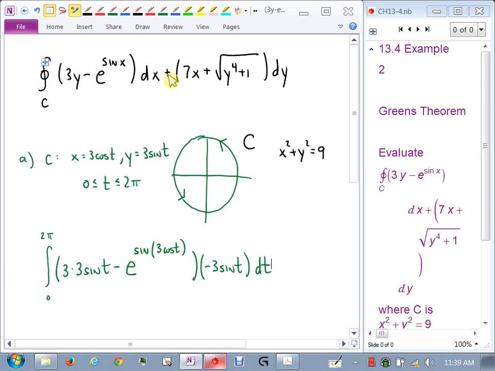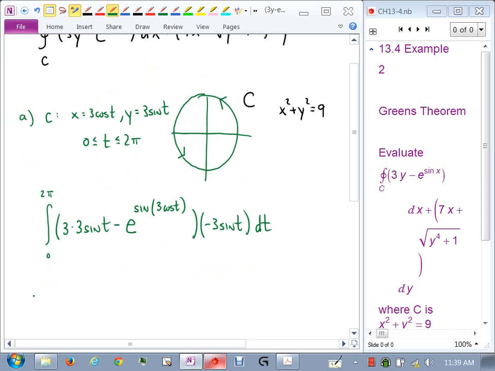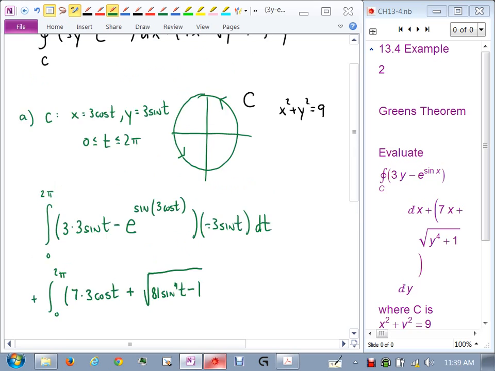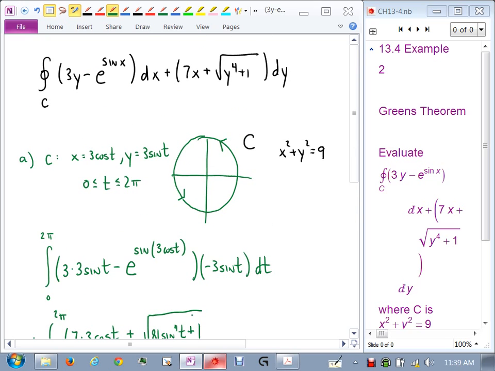Then I have to do plus this one. Plus the integral from 0 to 2 pi of 7x, so 7 times 3 cosine t, plus the square root of y to the 4th power, 81 sine to the 4th t, plus 1.